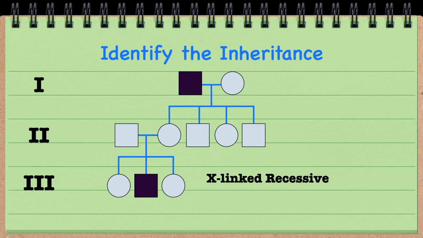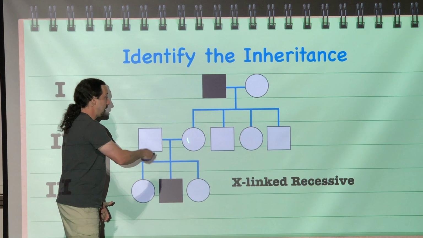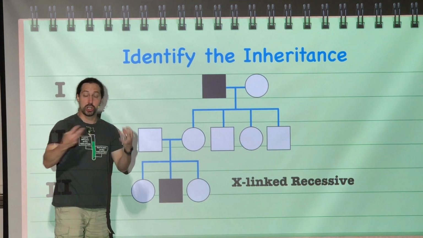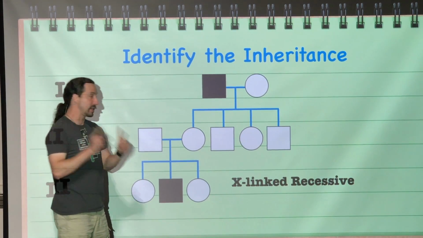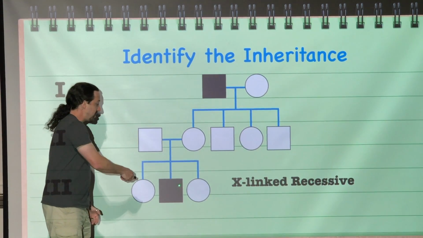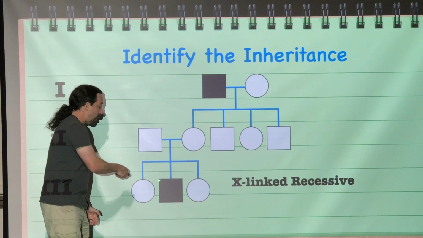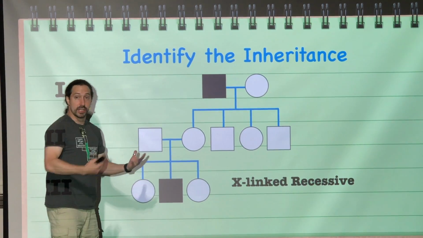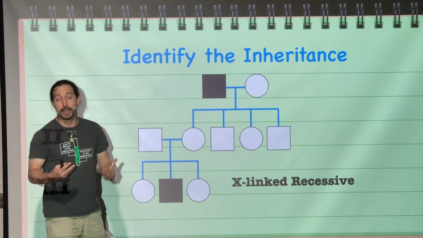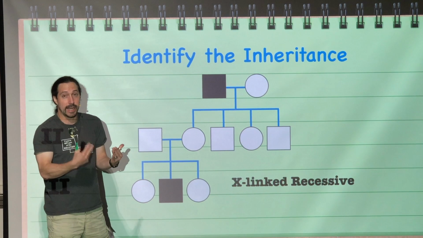And that means that the females could be heterozygous, and in this case, would have been heterozygous because they are not actually showing the trait, and we know the trait to be recessive. And we also see that only the male offspring received this trait. So that's what would lead us to think that it's X-linked.